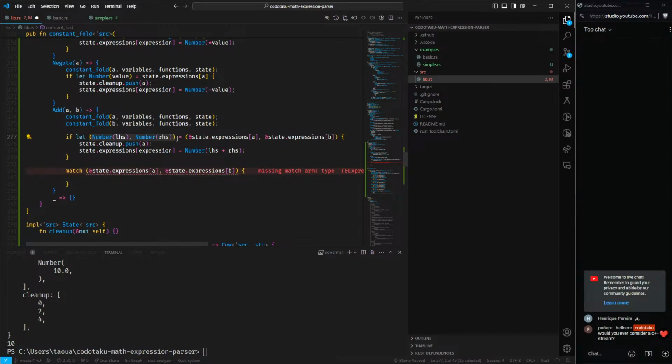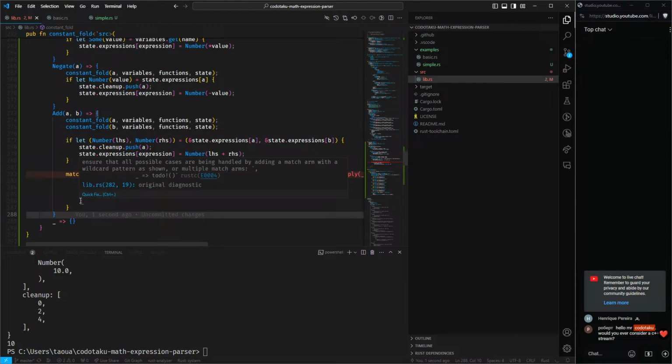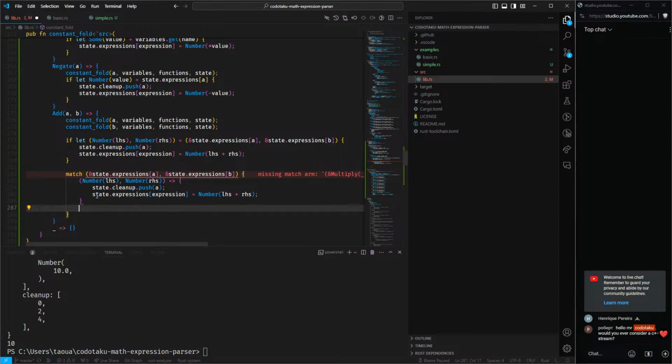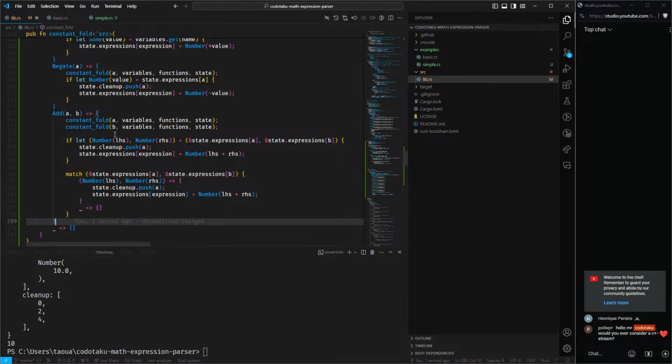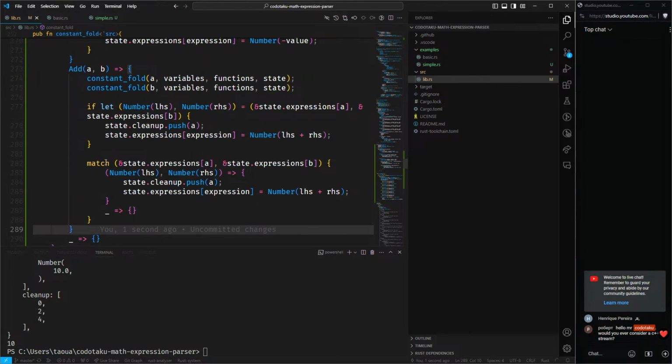Now, if we have this, then you know what to do. We've got to do this. Great. Ensure that all possible cases are being handled. We're not going to care right now about those. Okay, cool. So look at that hot match statement. Pattern matching.